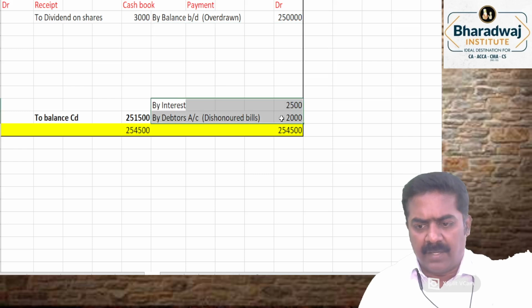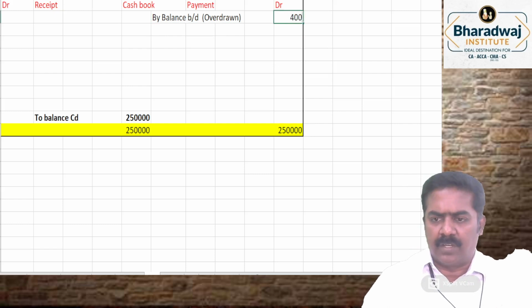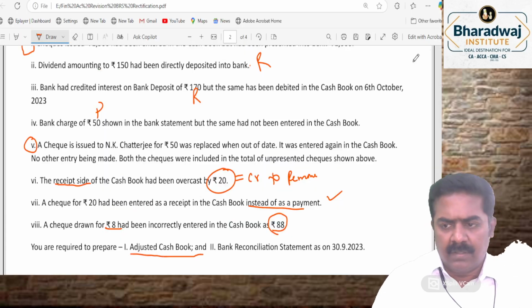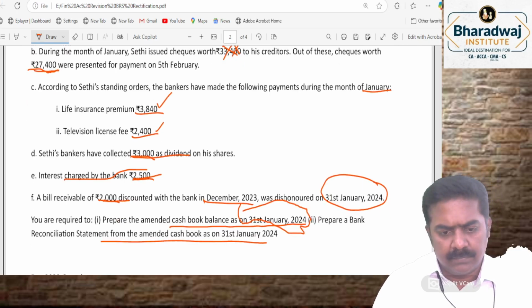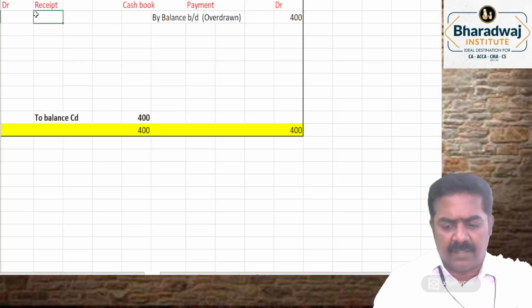What is the opening balance given? Opening balance 400 கொடுத்திருக்காங்க. Then what else will come? Dividend collected by the bank.